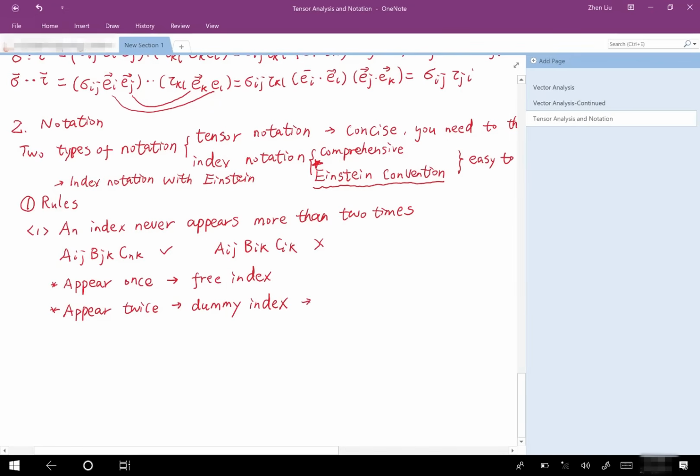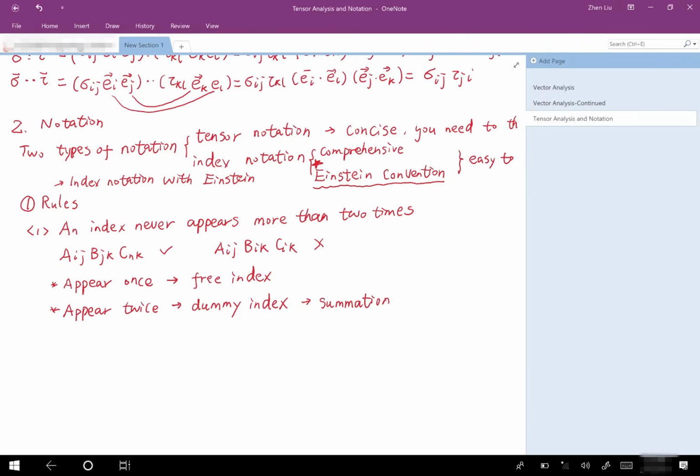So what is the Einstein convention again? Whenever we have a subscript or index that appears twice, that means summation, right? You need to add things up. So keep this in mind. There are two possibilities: appear once, appear twice. Appear once, that means free index.